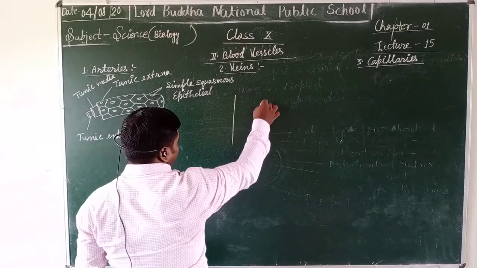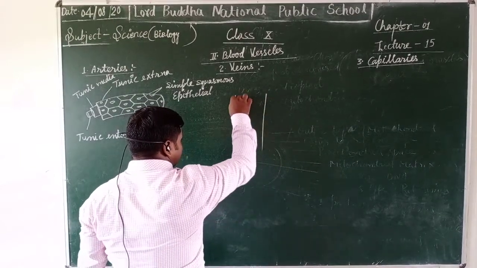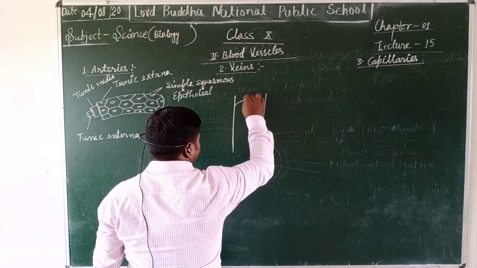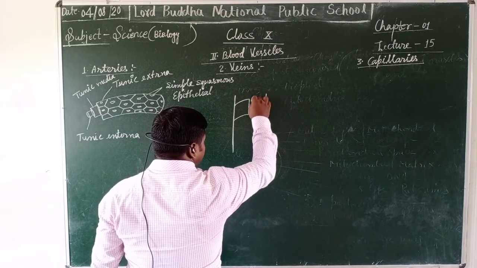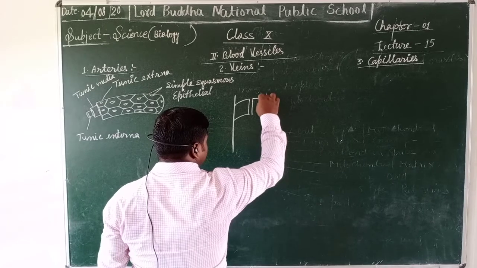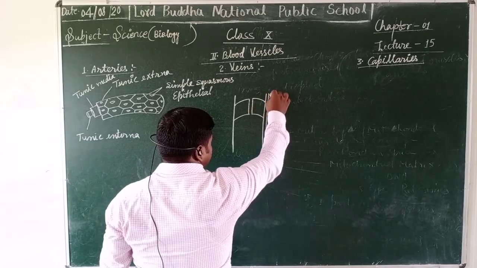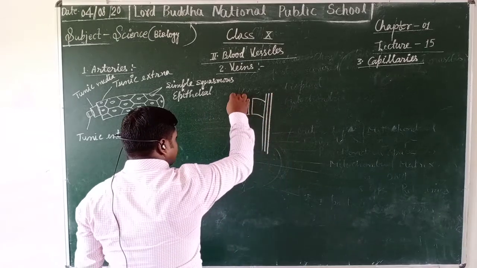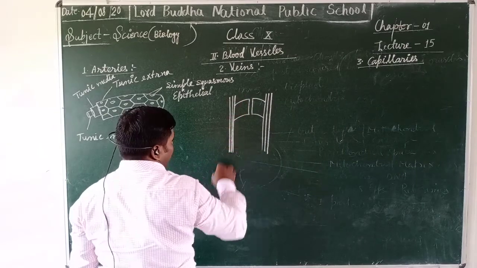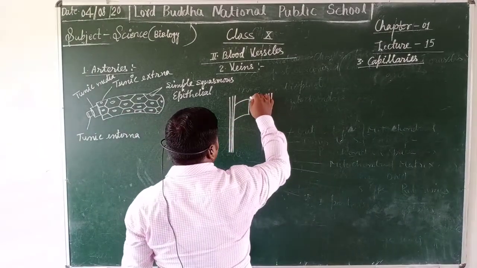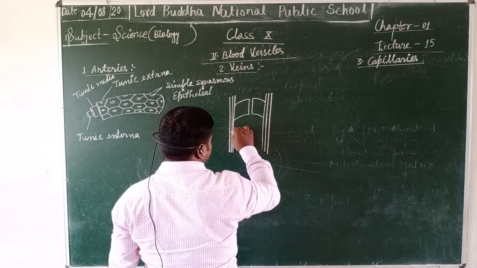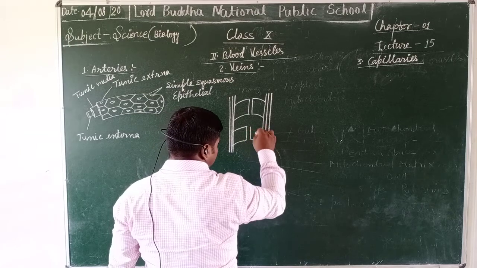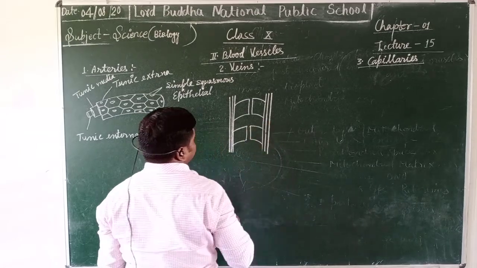The veins are comparatively thin-walled compared to the other blood vessels. The inner wall of the veins possesses semilunar valves that are crescent-shaped. That's why they are called semilunar valves. These valves perform a very important function in the flow of blood inside the veins.